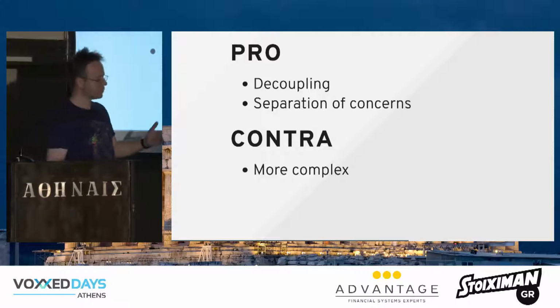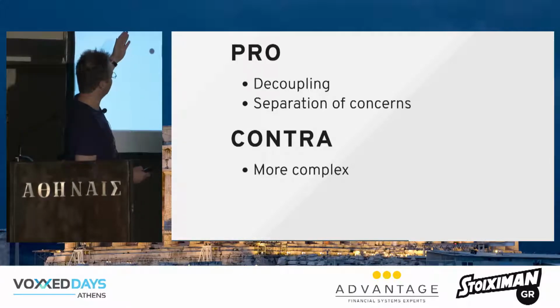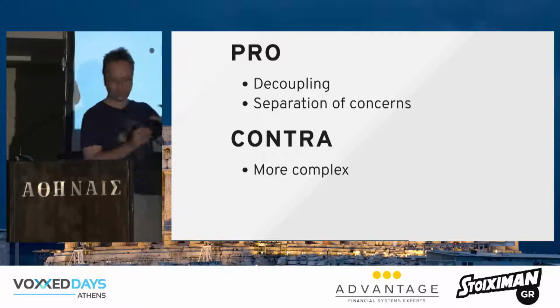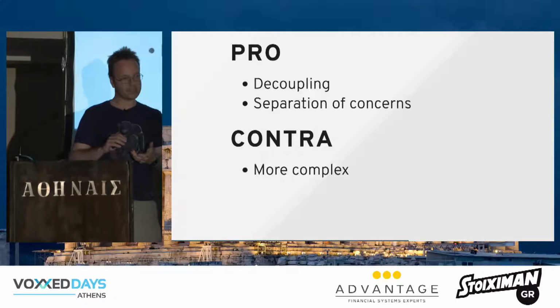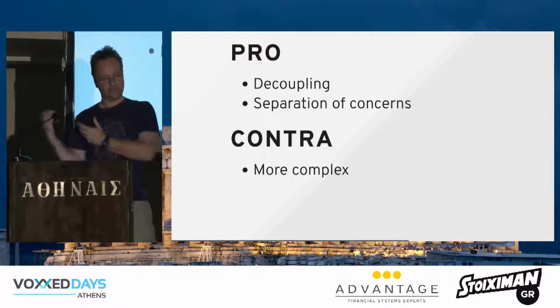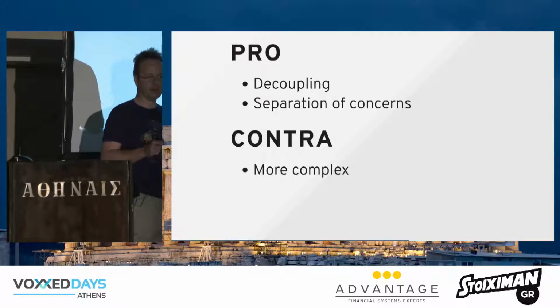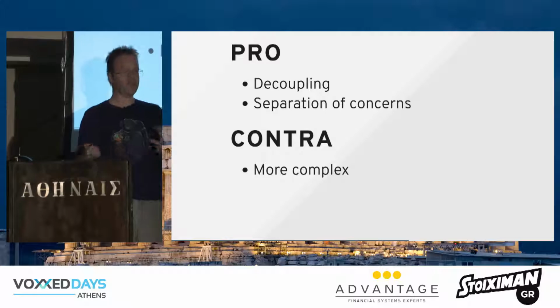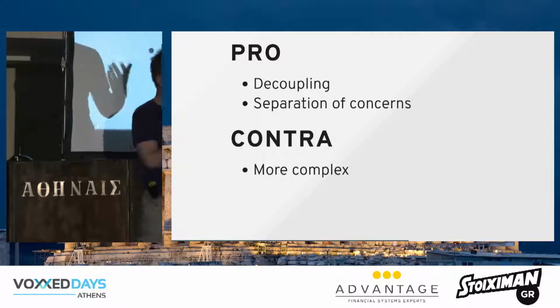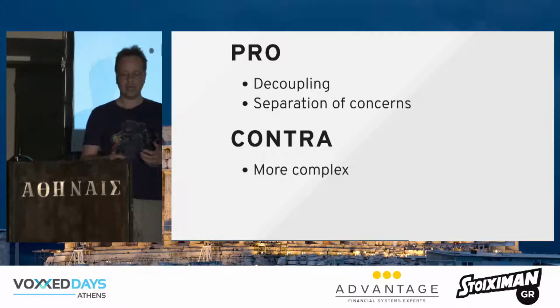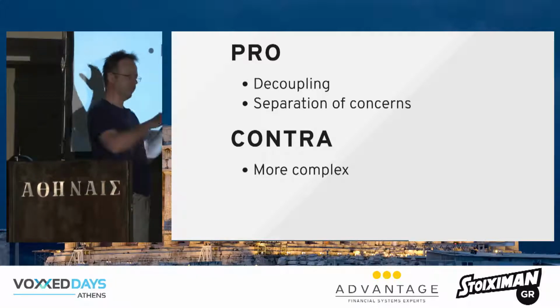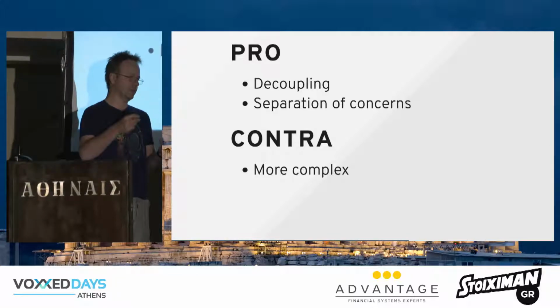And the advantage of these patterns, of course, is that they decouple things and you separate concerns. Of course, they are more complex, but you will see more and more of these patterns in the wild. For example, things like circuit breakers or tracing, which are currently mostly done within the application itself via the Netflix stack, like Hystrix and so on, or Zipkin. These will move out to the platform because it's an infrastructural aspect.